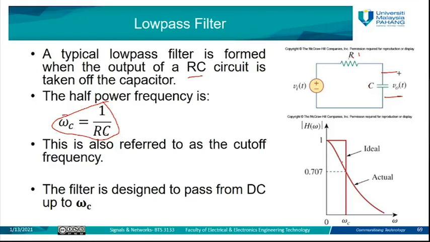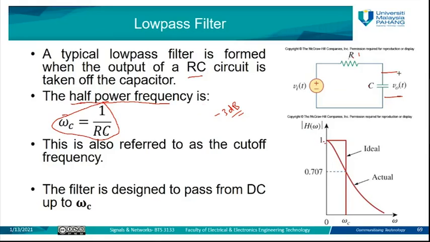As you can see from this figure, usually this frequency, the cutoff frequency, is called the half power frequency. The half power frequency is usually at -3 dB. It is used as a standard value to decrease the power from the maximum value to half of its value.